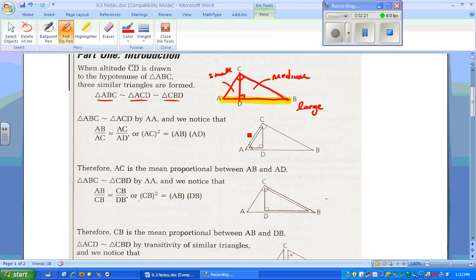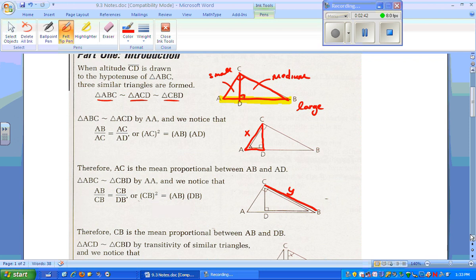If you are looking for the side AC here, you are going to be comparing the small triangle with the large triangle because that's the shared side. If you're sharing the side over here, BC, now you're sharing the medium to the large triangle that you're going to set up the proportions.